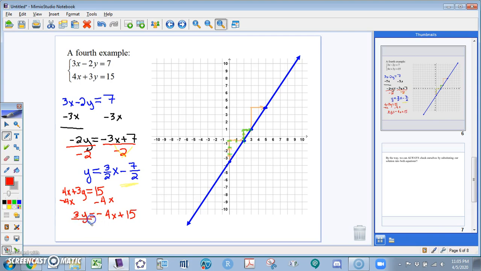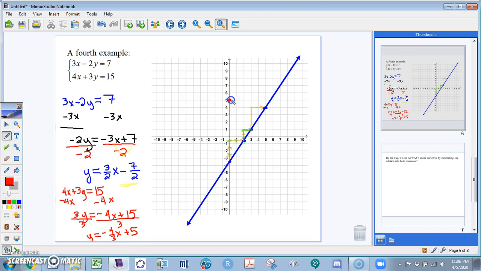And then I'm going to divide through by 3. All the way through here, divide by 3. On this side it gives me a y. Over here I get negative 4/3 times x plus 15 divided by 3 is 5. So negative 4/3 is my slope and 5 is my y-intercept.